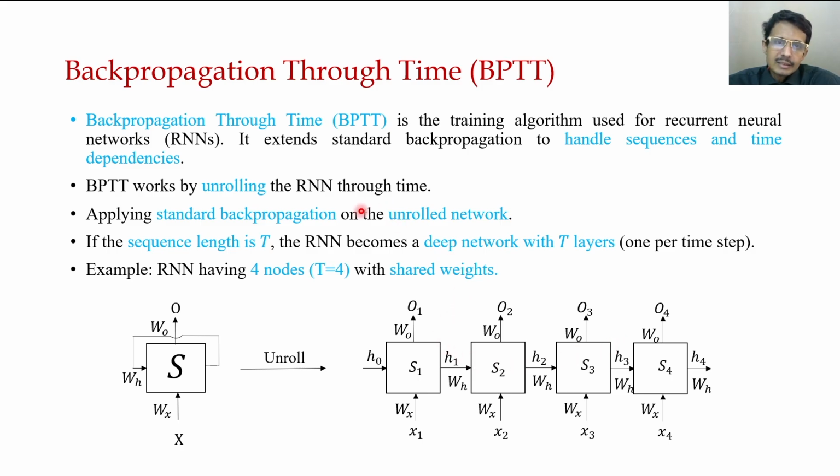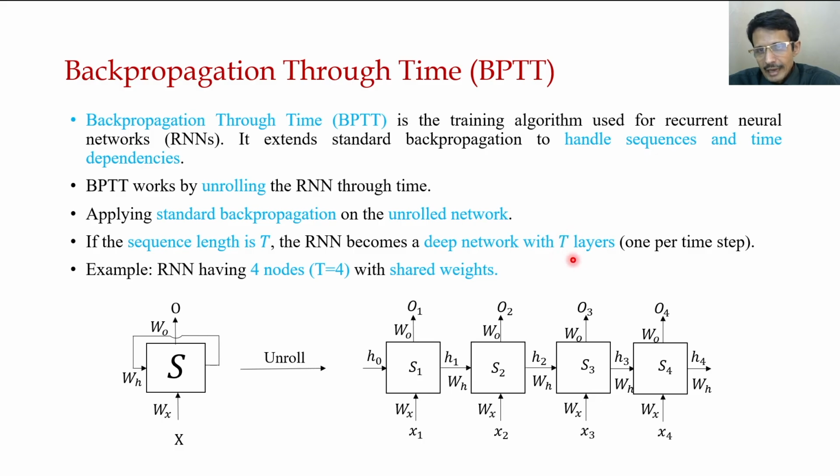Now we are discussing that after this unrolling or unfolding in time, we use the standard backpropagation on this unrolled network. One thing is interesting here: since the sequence length is T, that means here T is equal to 4, the RNN becomes a deep network with T layers.